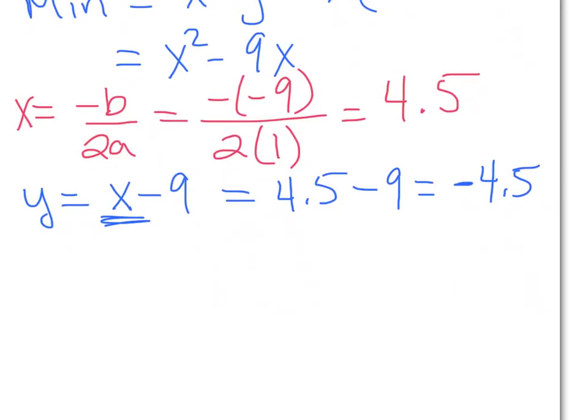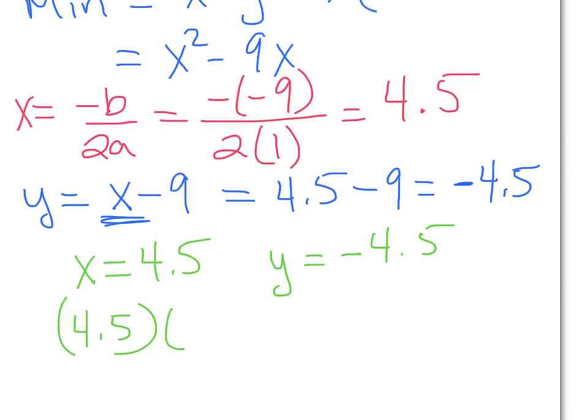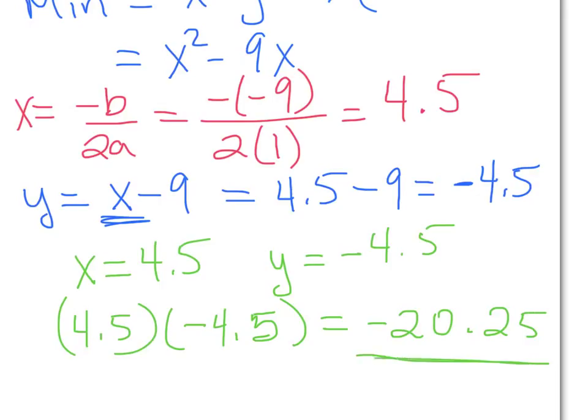So we've got a final result of x being 4.5 and y being negative 4.5. And if we take the product of these two numbers, we end up with negative 20.25. And that is the minimum product that we can get from our two values that have a difference of 9.